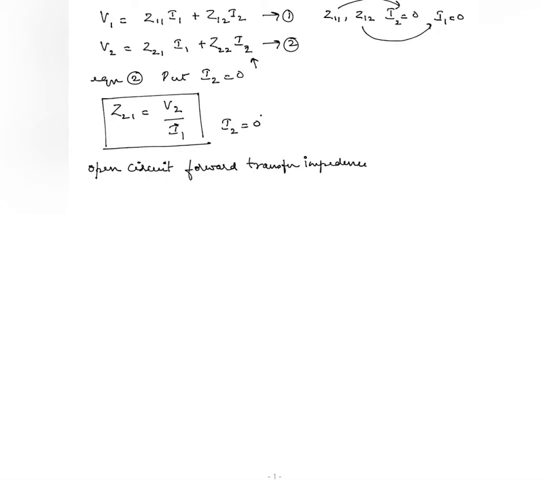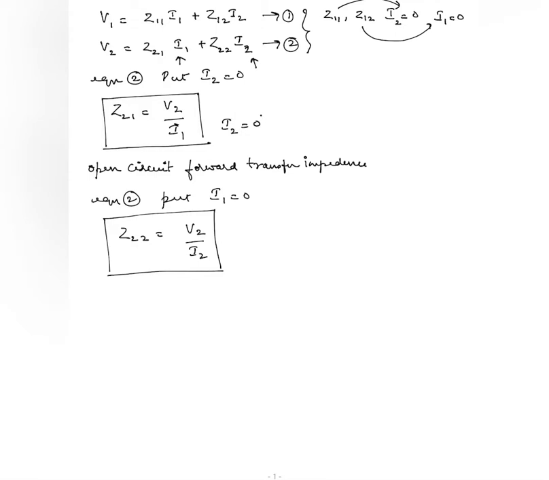Now, how do you get Z22? So in equation 2, put I1 equal to 0. Now, if I1 is equal to 0 here, you get Z22 as V2 by I2. Now, there is no necessity in this world for you to remember these equations here. The only equations you need to remember are 1 and 2, which are given here.